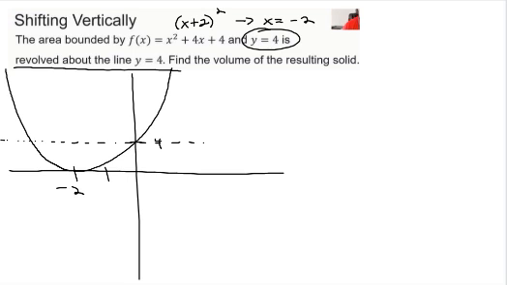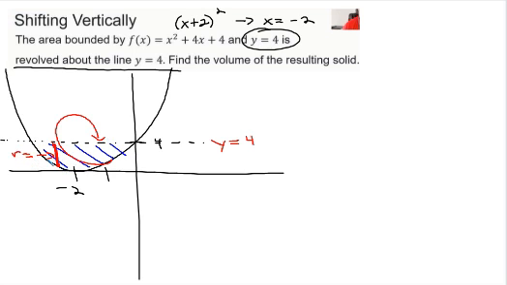So this shaded region in here is being rotated around the line y equals 4 to get my solid. All right? So my radius is this distance right in here. That's my radius.